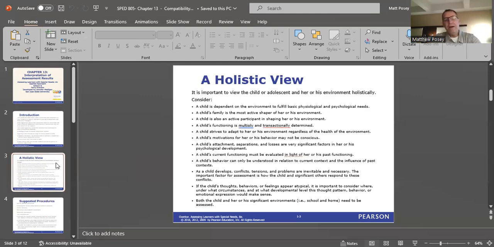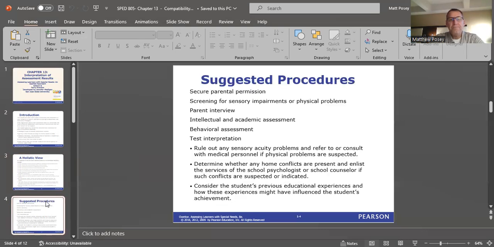The next thing is it's talking about more of the holistic view. It's important to view the child or the adolescent in his or her environment holistically, and also consider some of the environmental factors, more social factors, and just look at the overall whole picture of the child before determining placement for that.